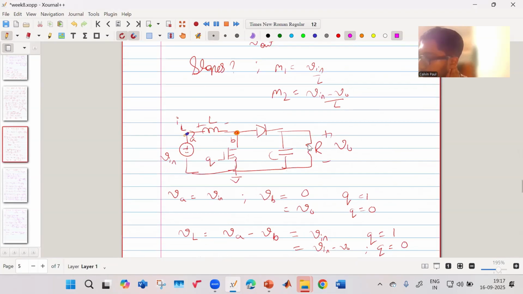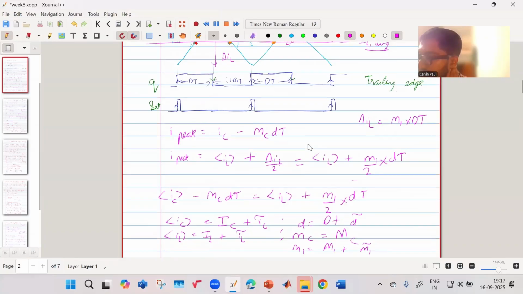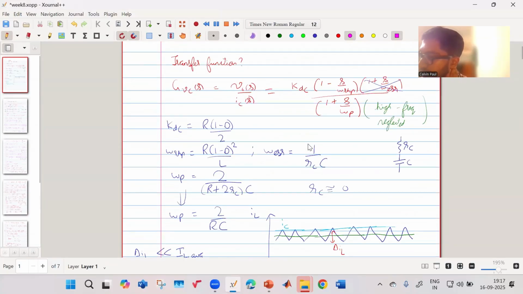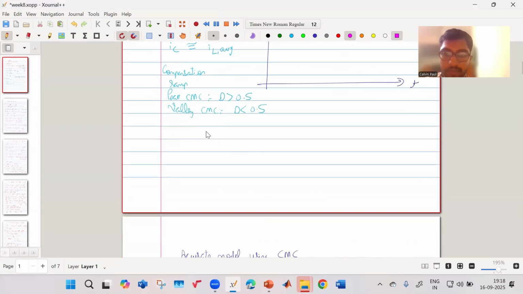Further, if you would see this transfer function which was given over here, it is independent of Vin. There's no dependence on Vin. So in an approximate sense, current mode control has very good ability to reject disturbances in your input voltage. That is why it has good audio susceptibility.